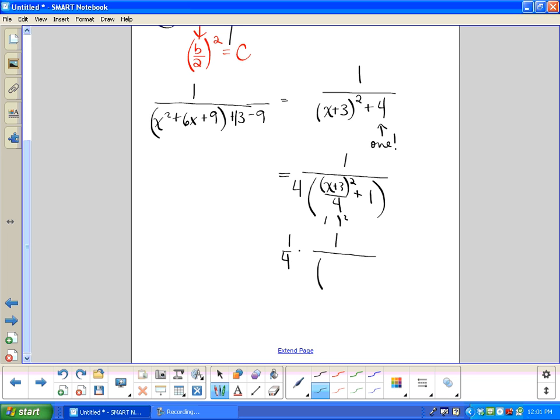So we're going to take the 4 and bring it under the squared and it'll become a 2. I don't really need this parentheses here. There we go. And now we've set it up to integrate. And of course, just like on the previous problem, we would let u be x plus 3 over 2, and then we'd find our du and set it all up, and it would work out lovely.